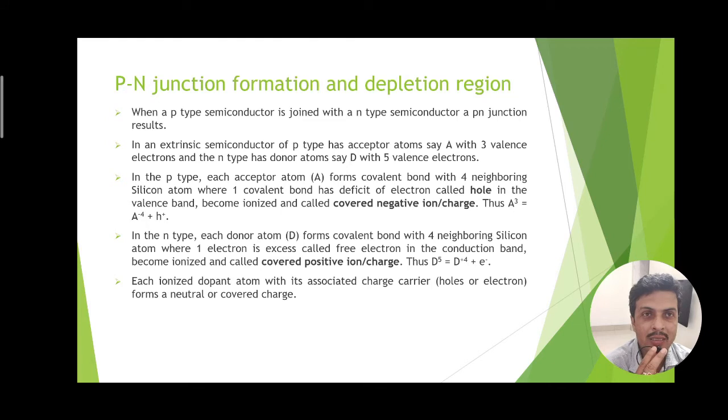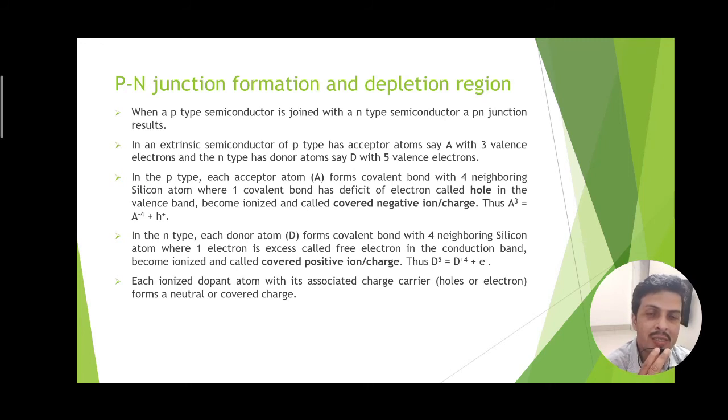When they are crossing the junction, these electrons are again occupying the valence band hole positions, and this is called recombination, and thereafter the immobile charges, that means the uncovered charges, are gathering at the junction and form the depletion region, also known as space charge region.